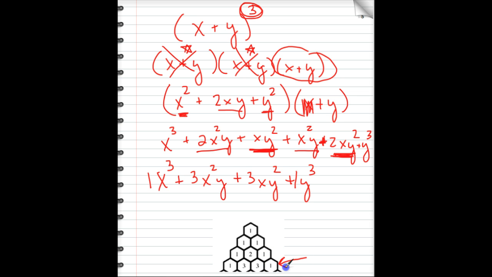That's this one right here. 3 is the first non-1 entry, and the coefficients are 1, 3, 3, 1, just like we get here.